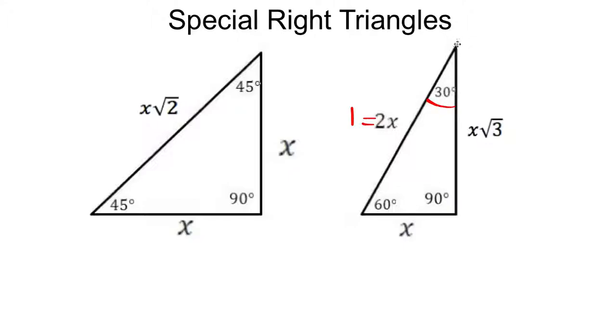So for a 30, 60, 90 right triangle, the hypotenuse is always 2 times x. If we know this distance to be 1, then we can say that x is equal to 1/2. So that means that this opposite side is equal to 1/2, and this adjacent side is equal to 1/2 times the square root of 3, or the square root of 3 over 2.